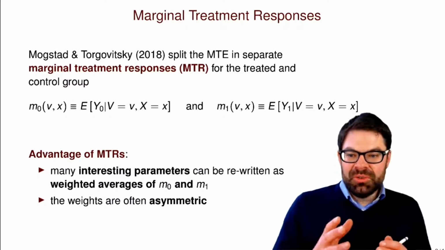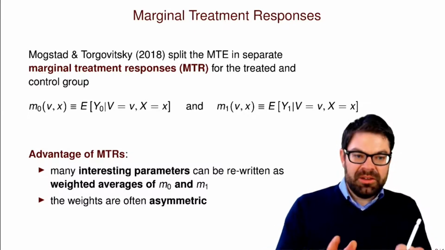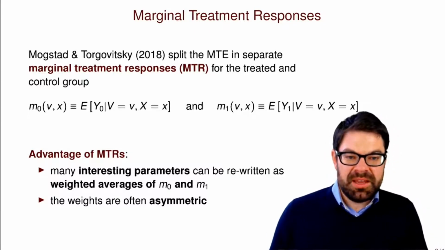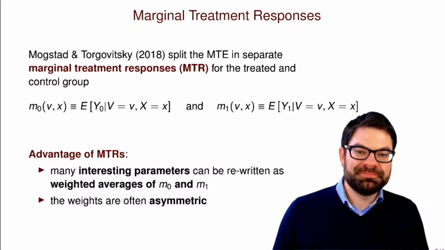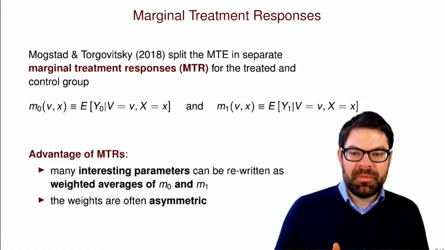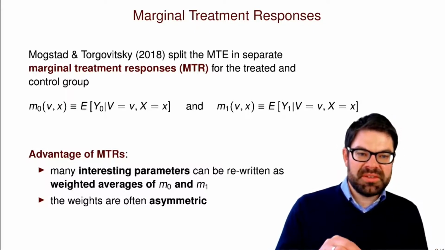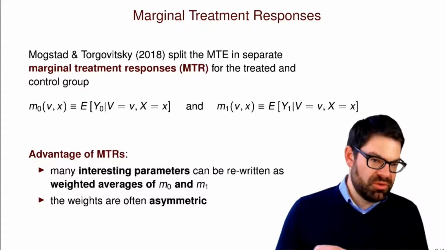Now, what they do in one of their review papers that I highly recommend reading is that they split up the marginal treatment effect into separate so-called marginal treatment responses for the treated and the control group.